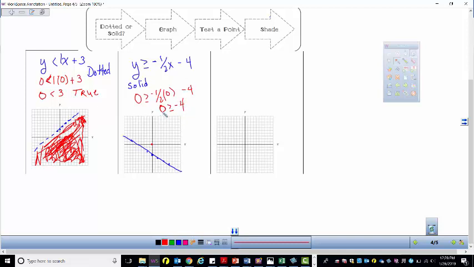Is that true or false? Is 0 bigger than negative 4? That is true. So we have to decide where we're going to shade. Here's 0, and it was true, so I'm going to shade above the line because 0 was above and it was true. So I shade above, and it's greater than.